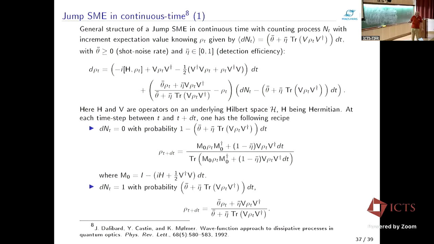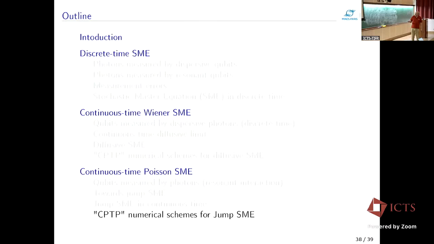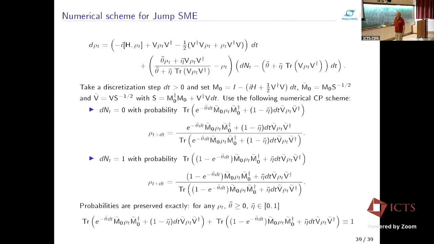But in fact, behind this, you have this thing. And then I will conclude with a completely positive and trace-preserving numerical scheme. So it is this. You do exactly the same thing. The M0 and here the L. So the normalization is the same, because the normalization is valid only for the Lindblad equations.